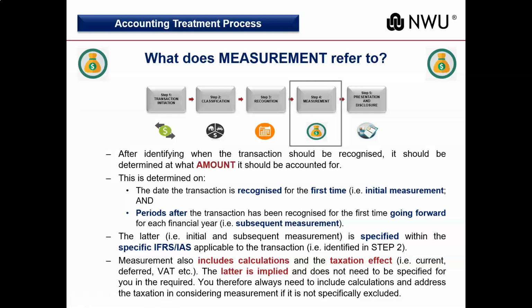That is a recognition of the portion of the expense, i.e. the portion of the cost price of the asset that we have used in our trading process, or our manufacturing process, for that specific period. So that means we have to allocate a portion of the original cost price of the asset to the income statement, to the statement of profit or loss, as an expense item, so that we recognize all our expenses which we had to incur in order to make some kind of profits in the current year.